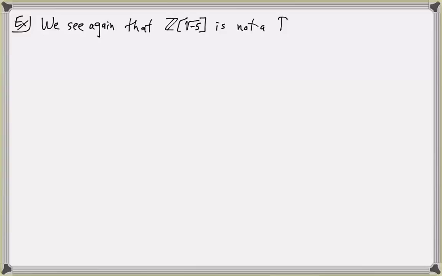So this last theorem again shows that the ring is not a PID, because if it was a PID, then every irreducible element would also be prime.